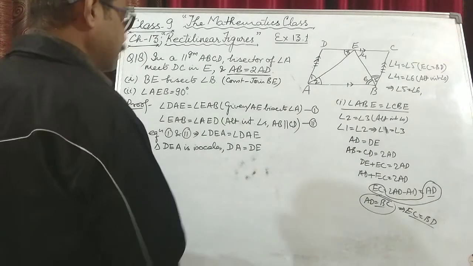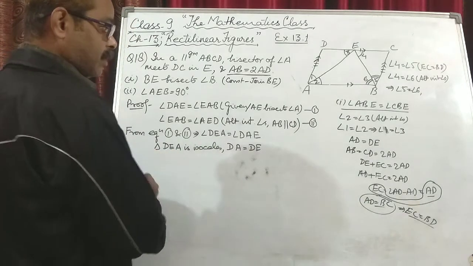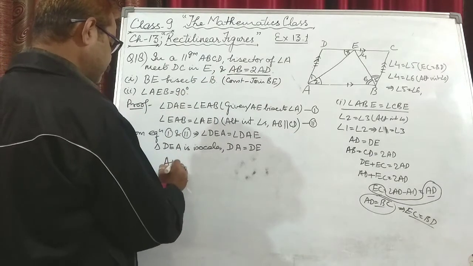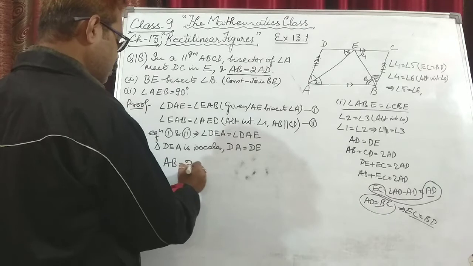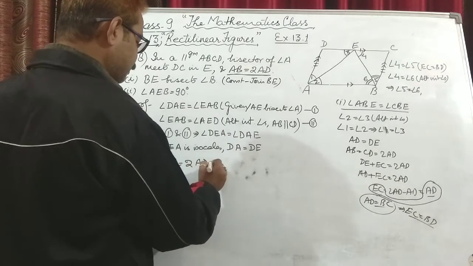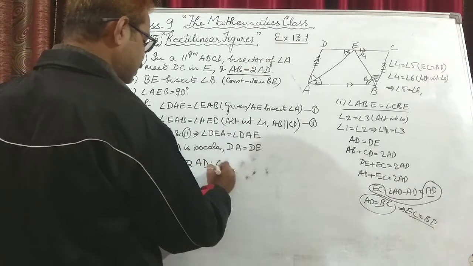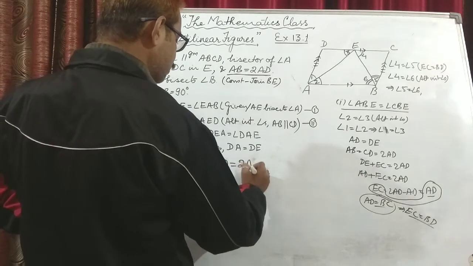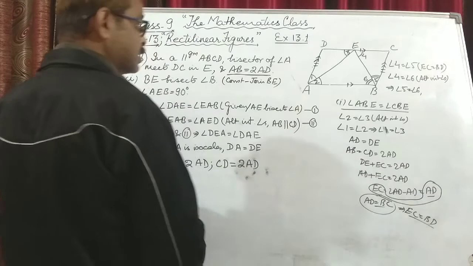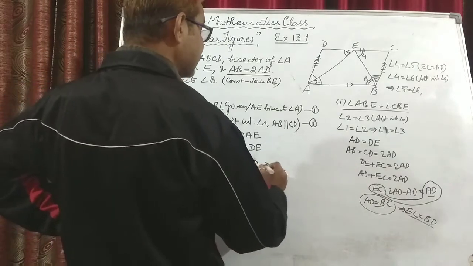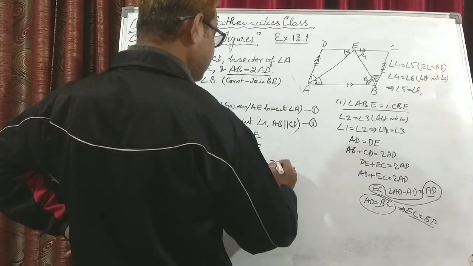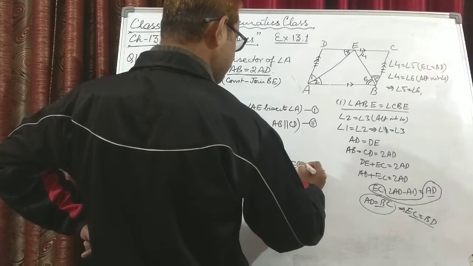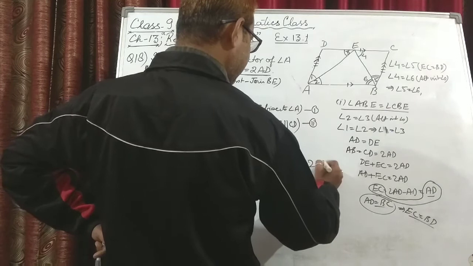Now it is given that AB is equal to 2AD, but AB can be written as CD. So I am writing CD is 2AD, but CD can be written as DE plus EC is equal to 2AD.